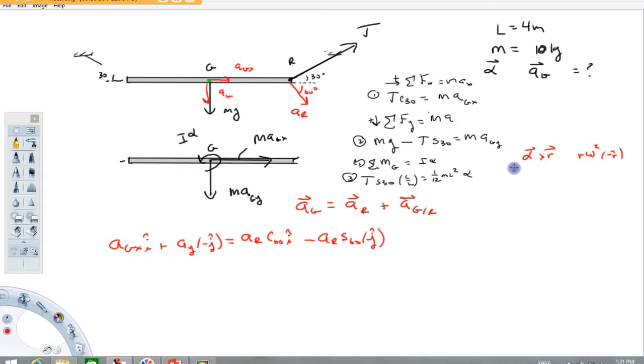We're only going to have this alpha cross r. So alpha, my angular acceleration, is in the plus k direction, crossed with the position vector of G with respect to R. That distance is L over 2, and it's in the minus I direction. So L over 2 minus I.